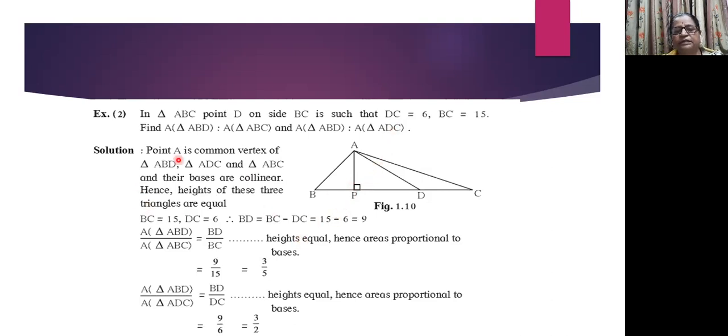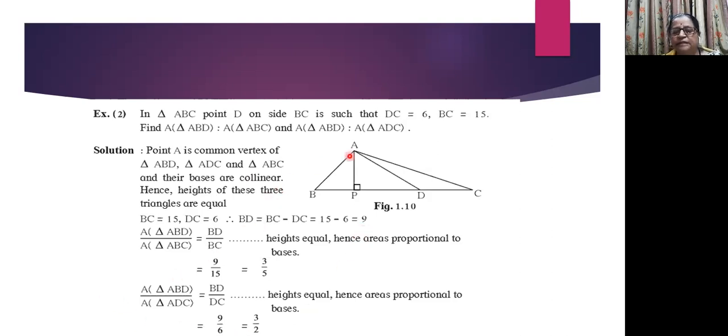One triangle is ABD, and another triangle is ABC, the full big triangle. Given BC is 15 and DC is 6, we have to find BD. BD is BC minus DC, 15 minus 6, so we get BD is equal to 9.